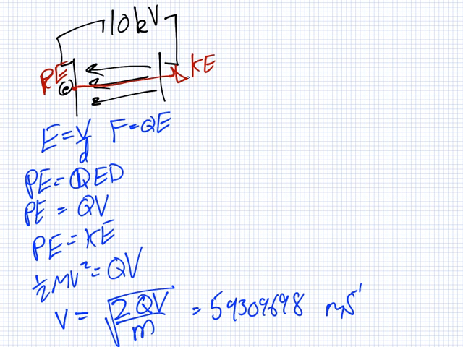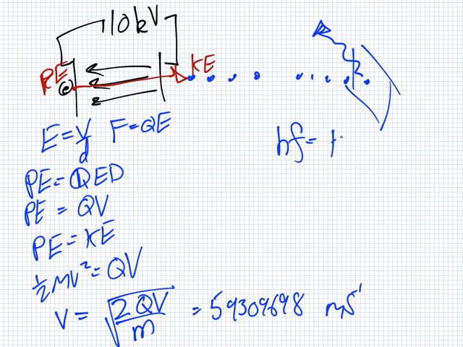Now what happens in the story? When the electron leaves the field, it hits some tungsten. When it hits the tungsten, a photon is released. By using our formula, hf equals KE plus the work function, we can get the photon's frequency.